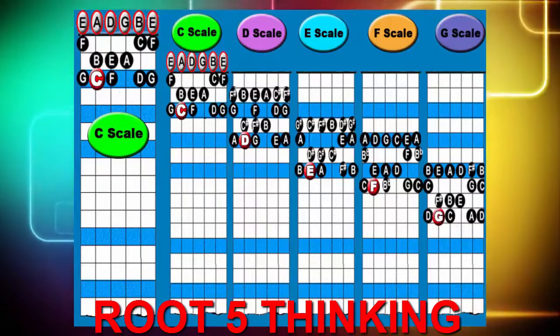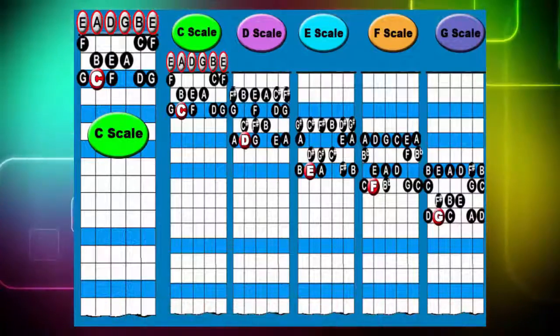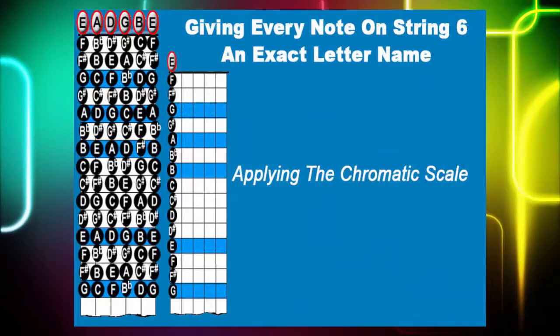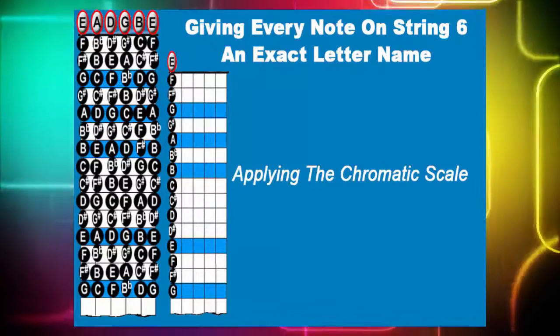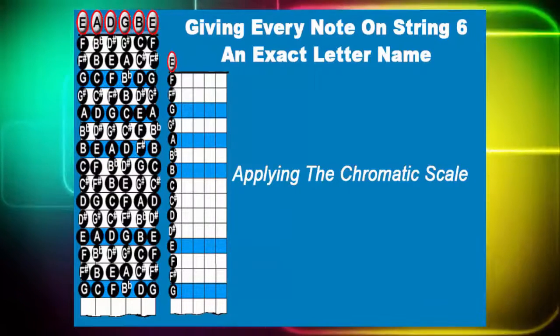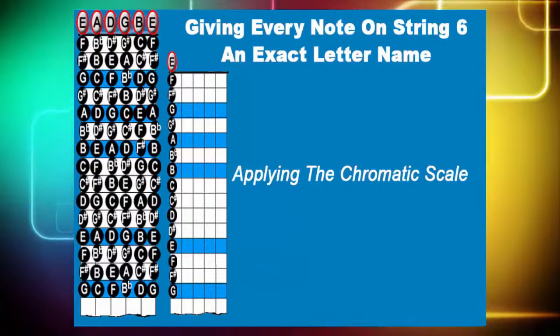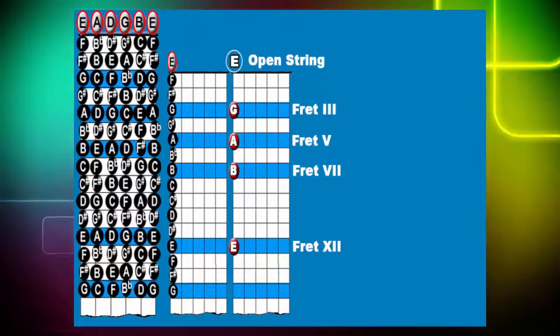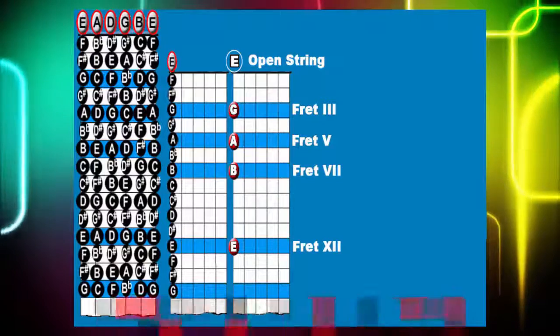If I apply the same principles of thought to the low E string, you can see the name and location of each and every note on string 6, low E. And here, of course, are my navigational points, my landmarks, located on frets 3, 5, 7, and 12.